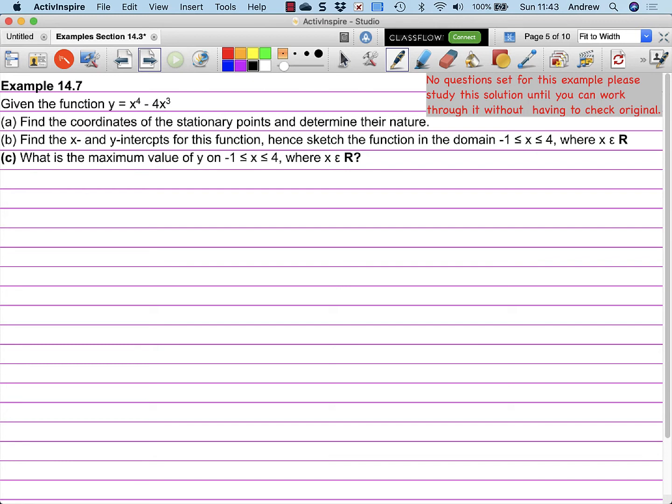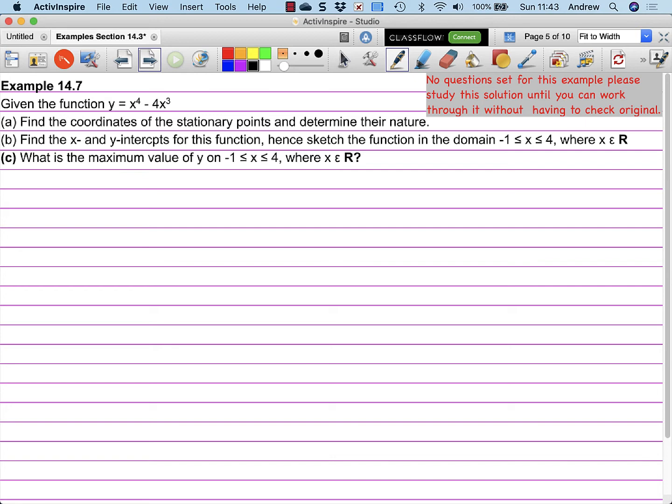Find the coordinates of the stationary points for this particular problem. And then determine their nature, find the x and find the y intercept. It's a long question, but the way we approach this, I'm going to be totally honest with you, is exactly the way we just approached the last few examples.